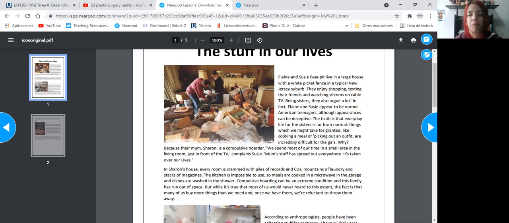We spent most of our time in a small area in the living room, just in front of the TV, complained Susie. Mom's stuff has spread out, copy that please, spread out, everywhere. It's taking over our lives.